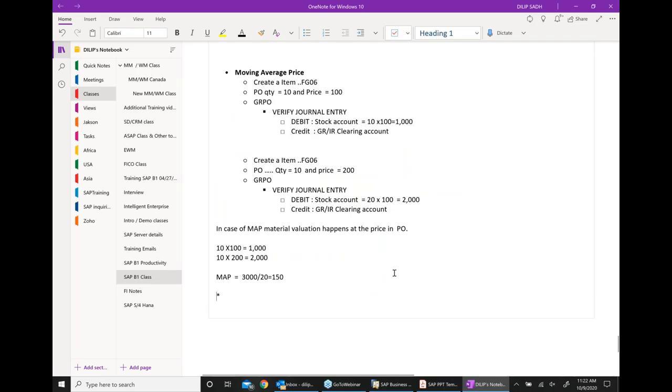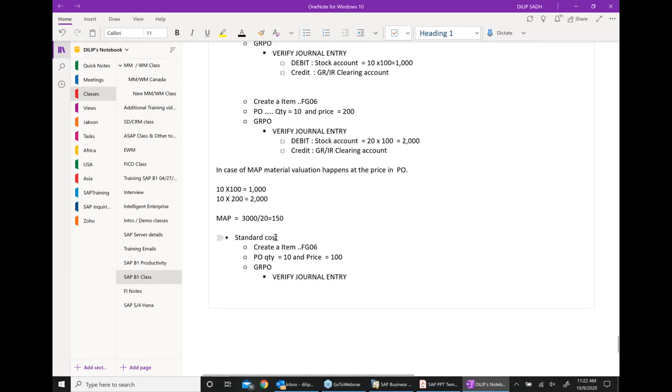We're going to do the same steps as we did, and then we're going to verify the difference. So the steps will remain the same.